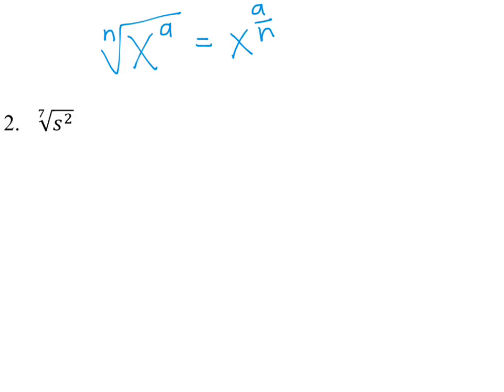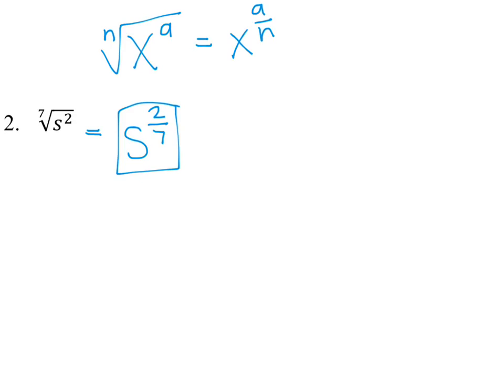So the 7th root of s squared is just equal to s to the 2 over 7. And that's all my answer would be for number 2. So number 1 and number 3 are very similar to that one.